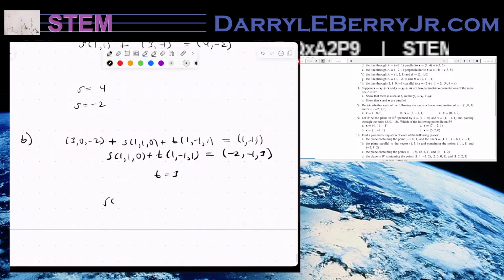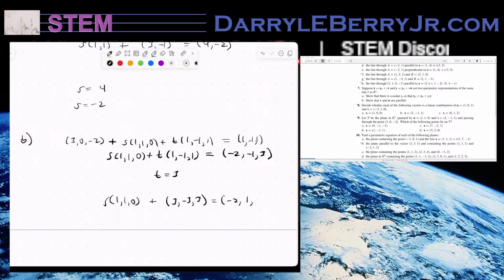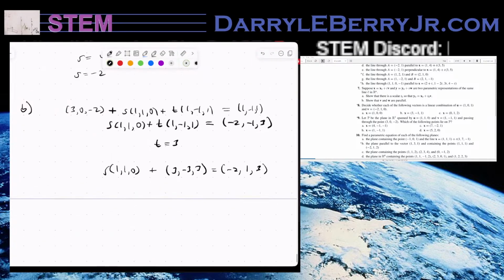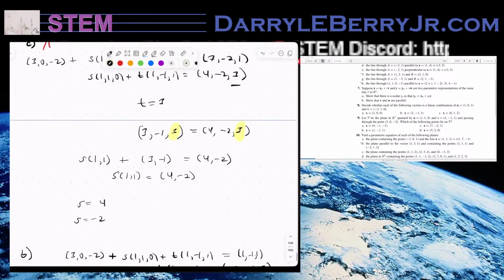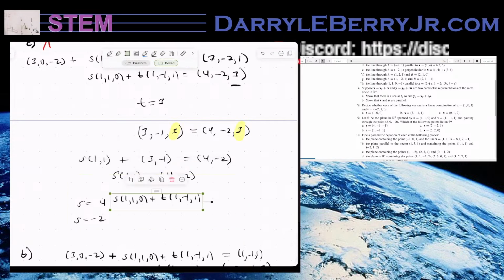So that means that S 1 1 0 plus 3, -3, 3 equals -2, 1, 3. And when I realized I messed up on this part right here, I should have brought this over.